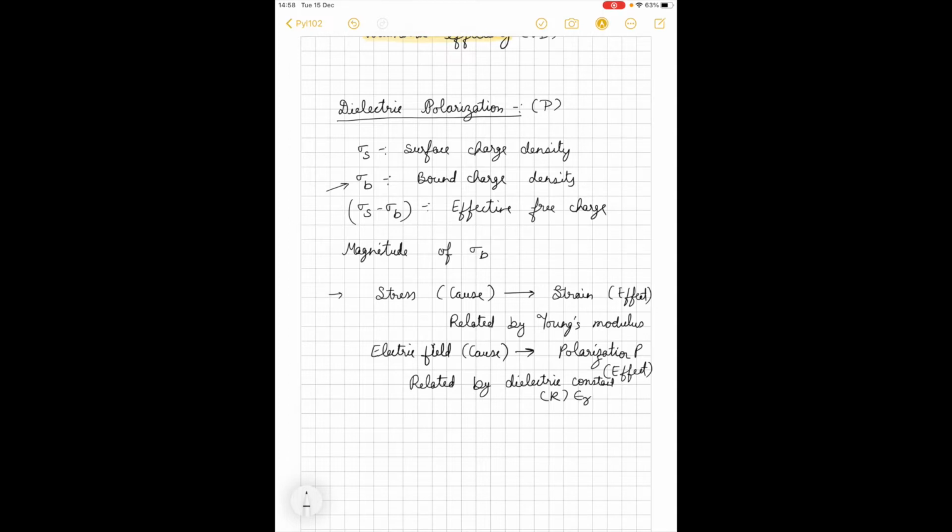This is just to give you an understanding of cause and effect.